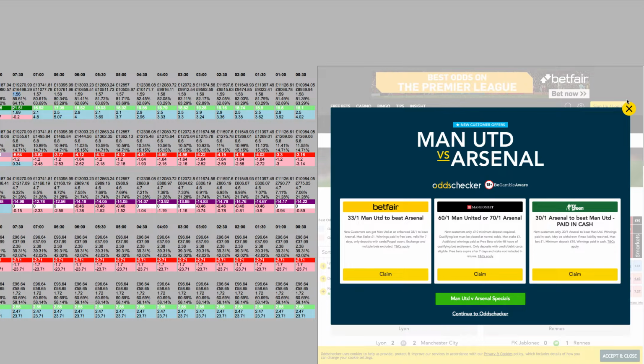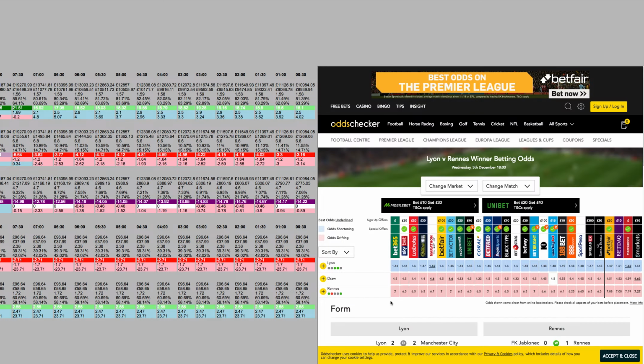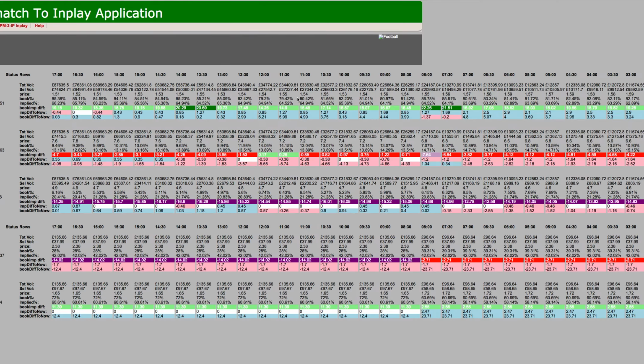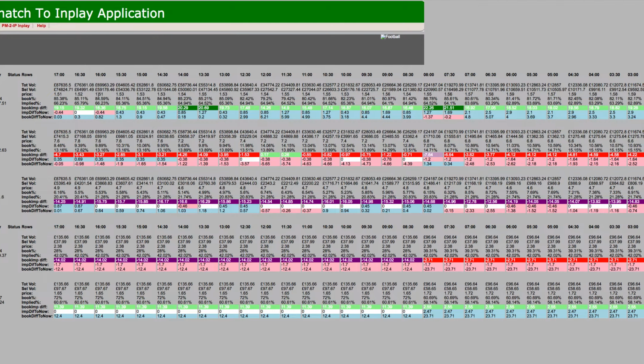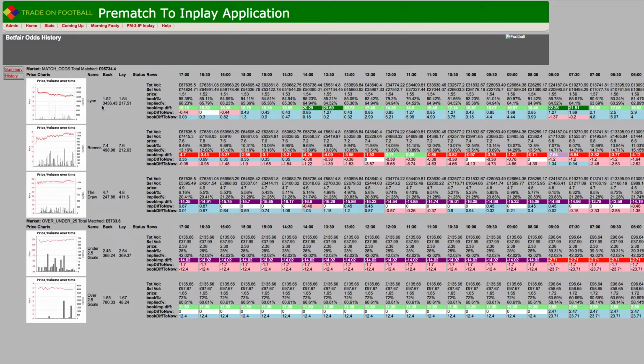You can look on the side here. If we have a look at odds checker here, we can see that Bet365 1.44, so they're all suggesting that the price is going in. This has been going for a couple of hours now, so that would have been a nice trade, and that basically gives you some idea of what to look for when you're looking for a pre-match trade.